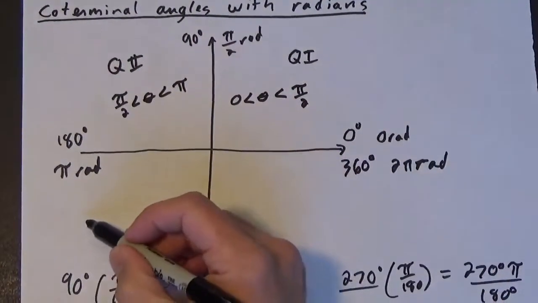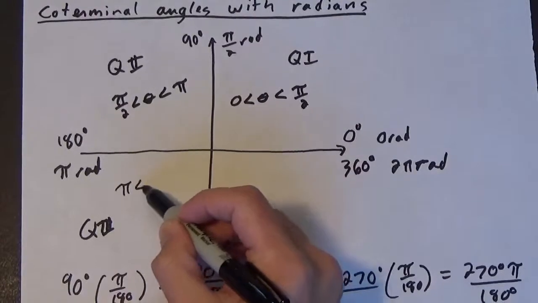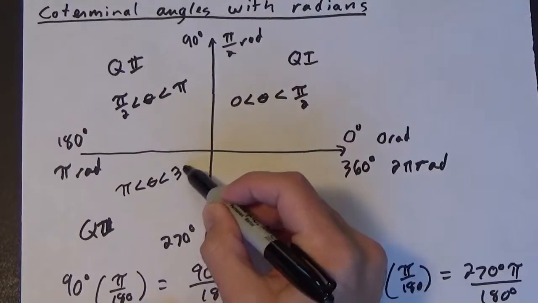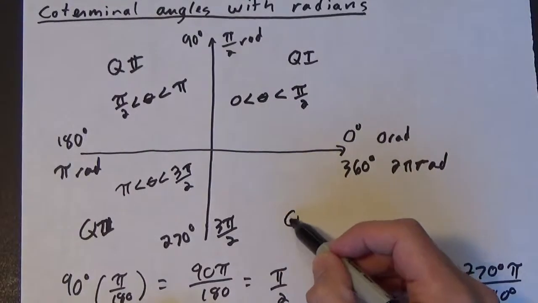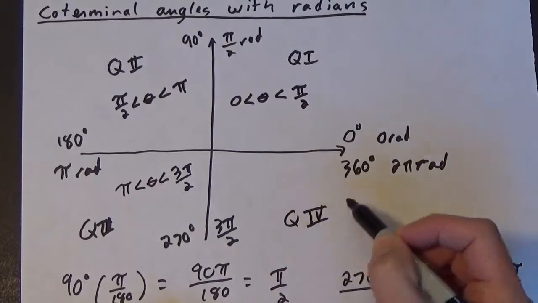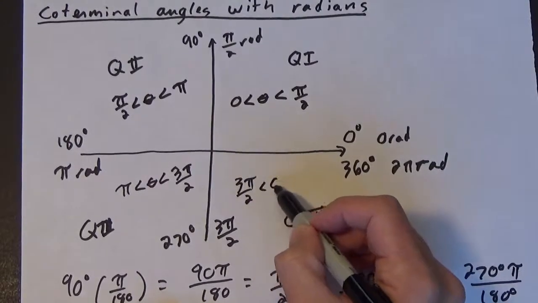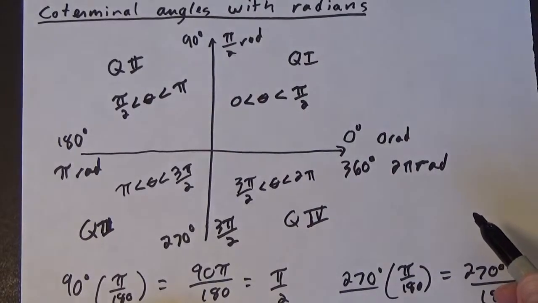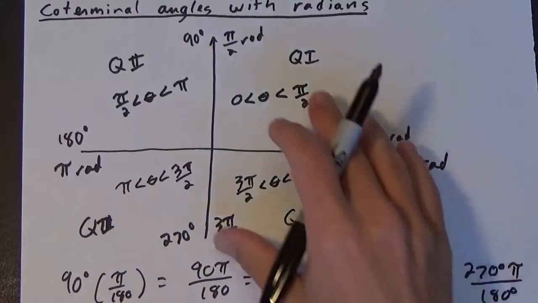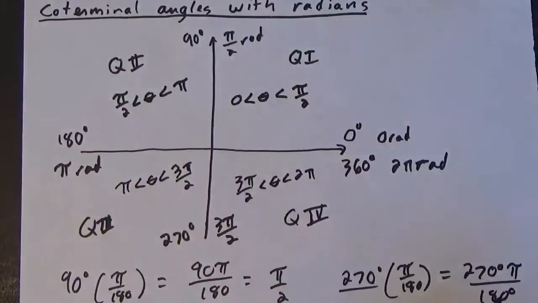When we're in quadrant 3, our angle measure is somewhere between pi and 3 pi over 2. And then when we're in quadrant 4, our angle measure is between 3 pi over 2 and 2 pi. Good. So now this gives us a general idea of where we are when we're working with radians.